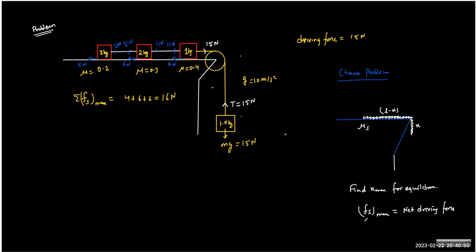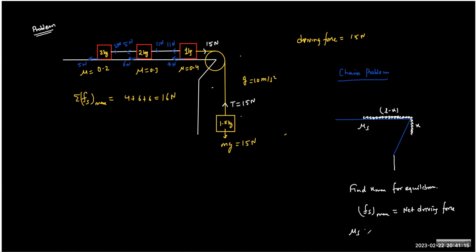Equilibrium is net force is balanced. So driving force acting downward and the friction acting left on the part of the chain on the table, both will balance out each other. And Fs max is how much? Mu into N. N is how much? The weight of the chain on the table, because that will create the normal. And the weight of the chain on the table is how much?